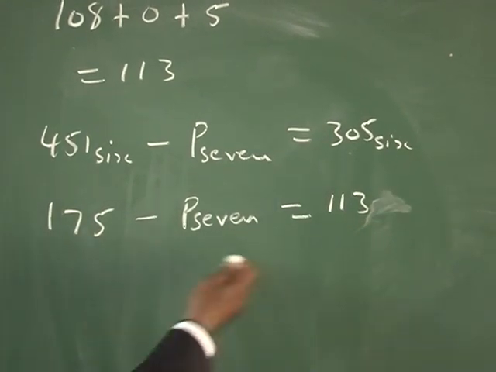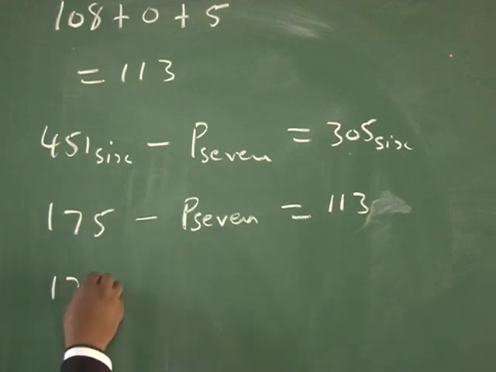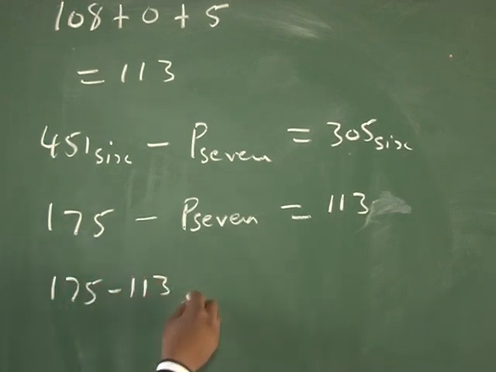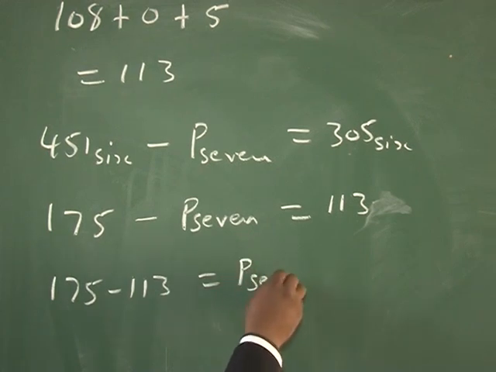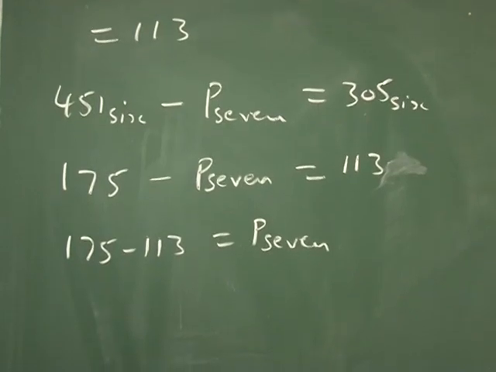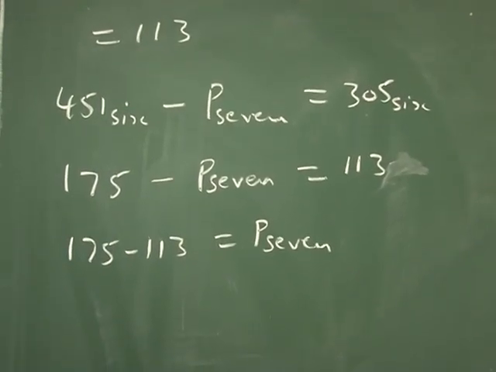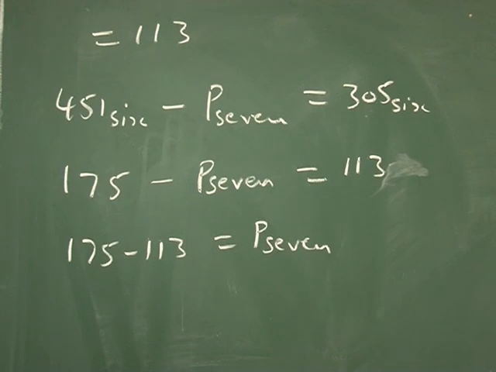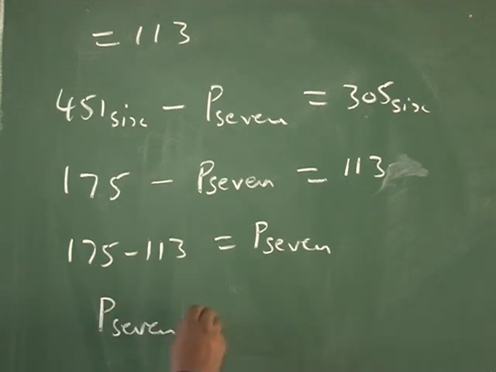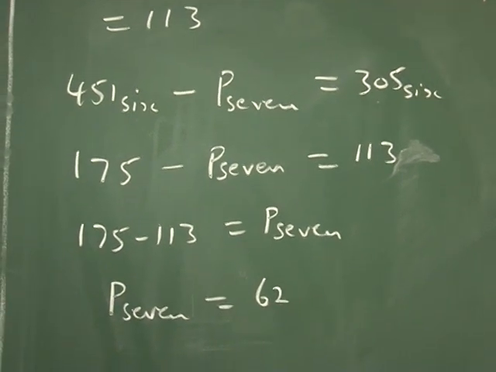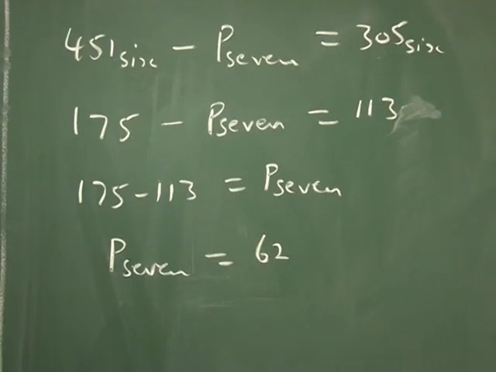So we can write this by collecting like terms. 175 minus 113 equal P to base 7. And now, if we subtract 113 from 175, we will have that P in base 7 equal 62.